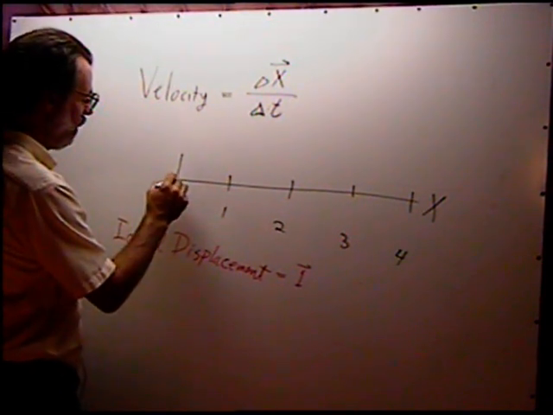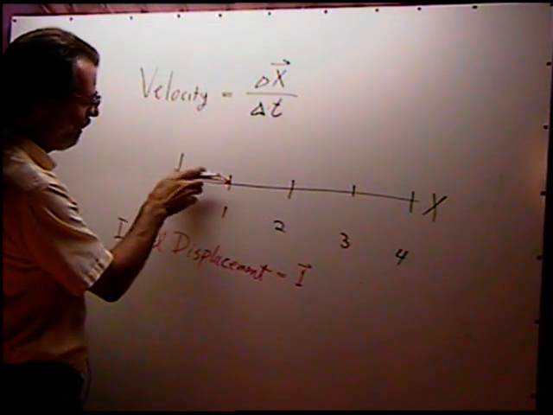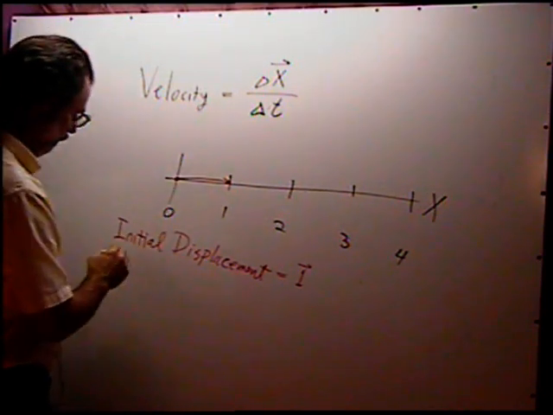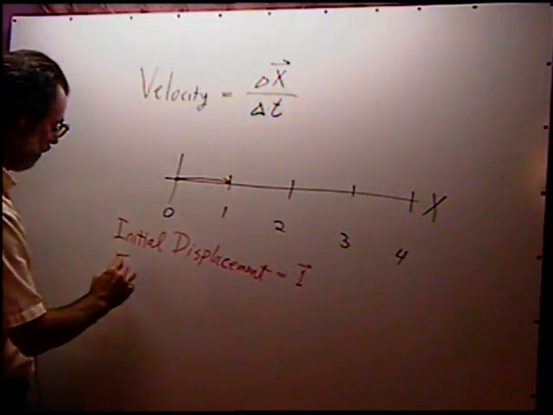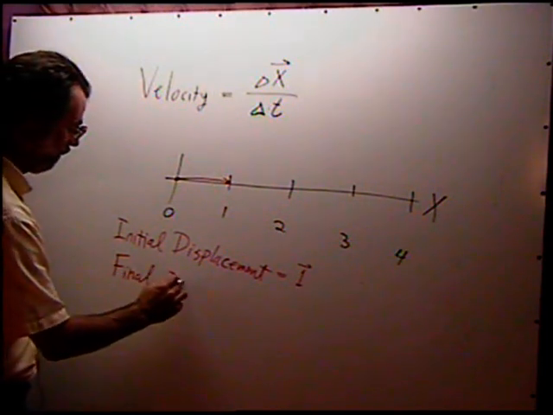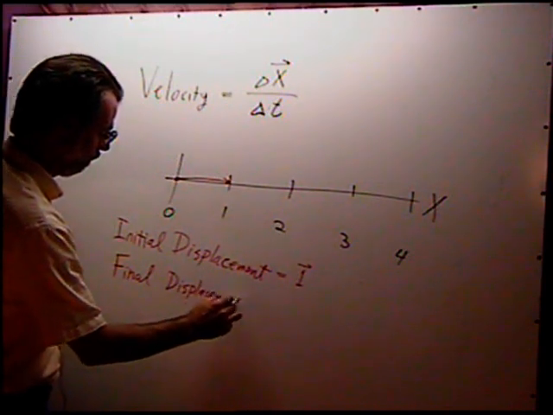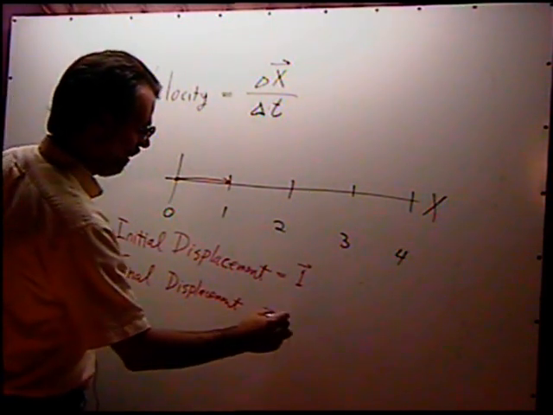It's basically a vector from 0 to 1 pointing in this direction. My final displacement I'm going to say is 3.